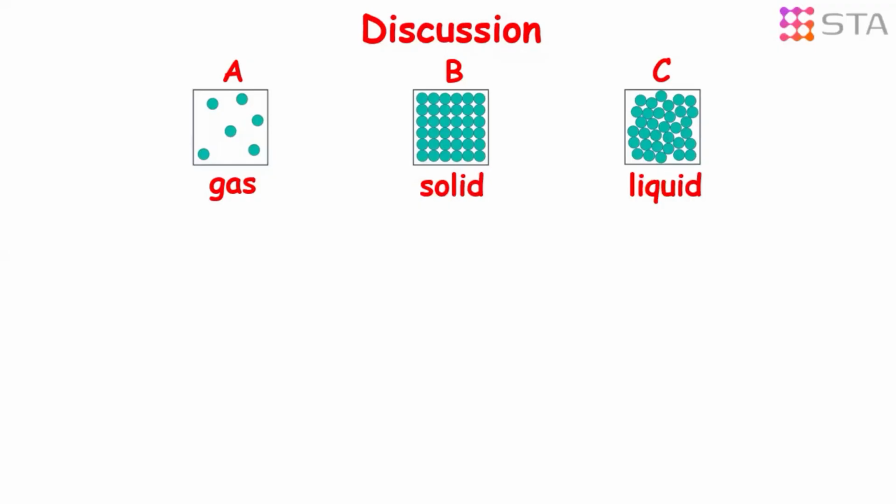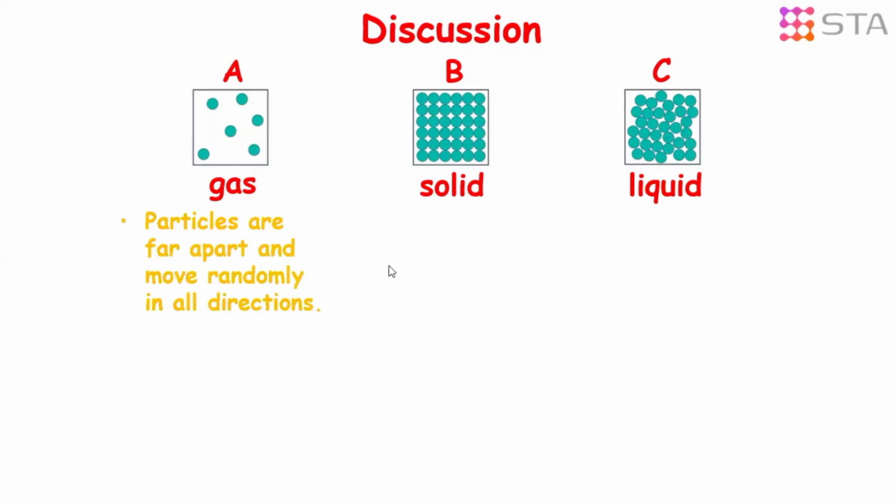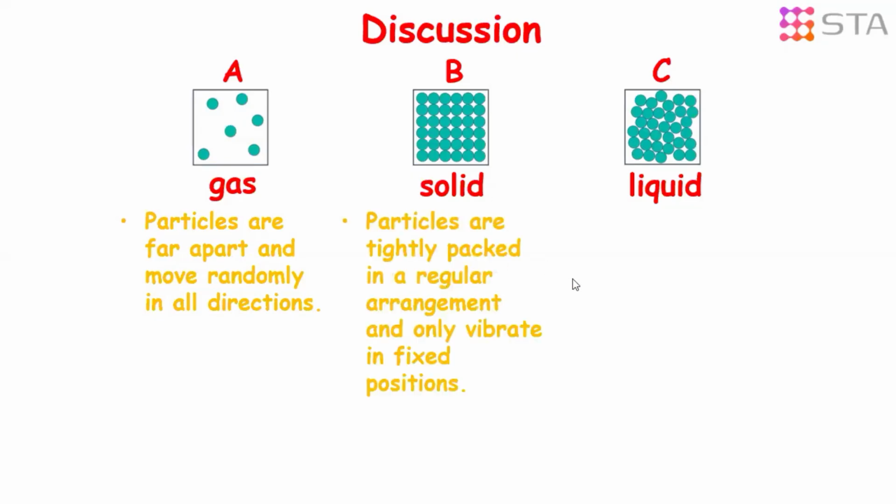The next question was describe the arrangement and the movement of the particles in each box. So let's look at box A. In box A, we can see the particles are far apart and move randomly in all directions. For box B, the particles are tightly packed in a regular arrangement.